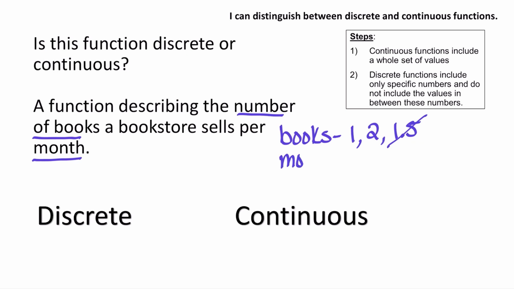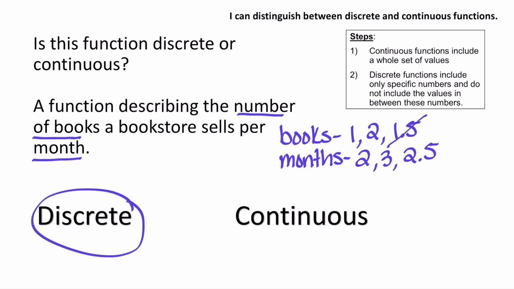When we talk about months, we can say things like 2 months, 3 months, and we can also talk about half, right? You can sell books for 2.5 months. So although months includes all the values, because books has a restriction, this is going to be a discrete function, because you can't sell someone half a book or a quarter of a book or something like that.